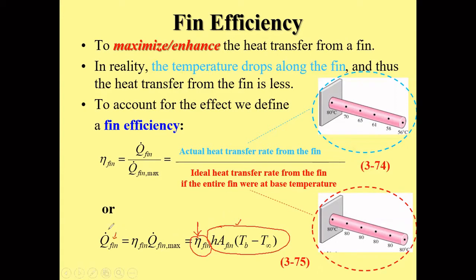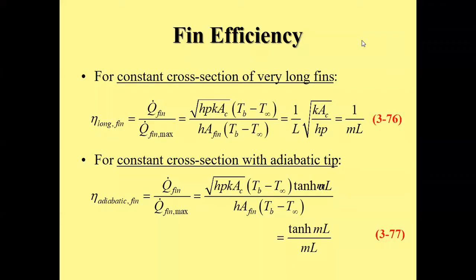Because for you to calculate this, you need to know the condition, or you need to make some assumptions, isn't it? There are four assumptions that you need to choose from in order for you to calculate that. And so we can actually obtain the fin efficiency for a particular system.